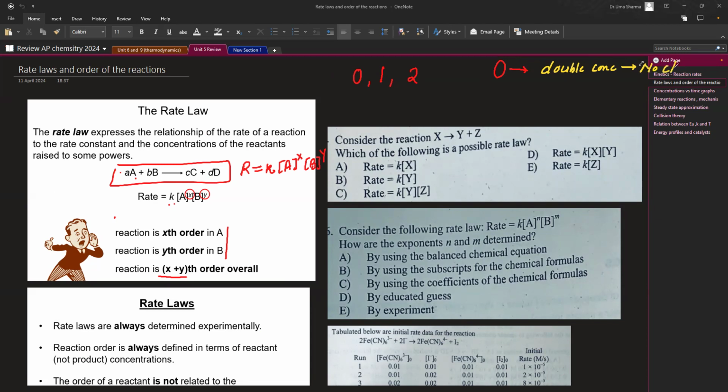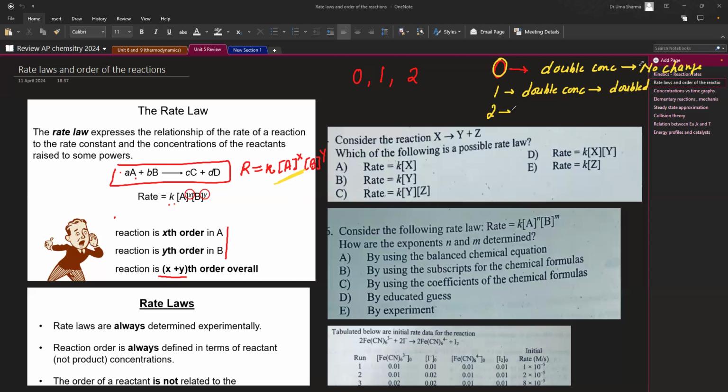That is zero order. First order: when you double the concentration, what happens to the rate? The rate will get doubled. If I double the concentration of A and my rate is also doubled, then I'll say this reaction is first order with respect to A.